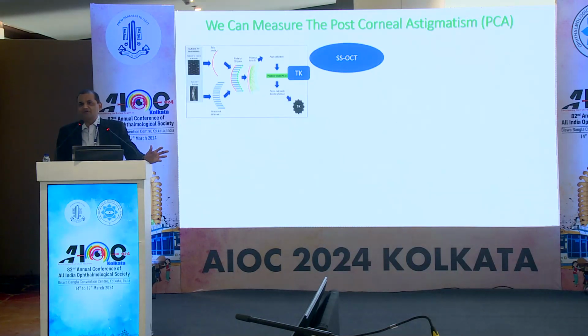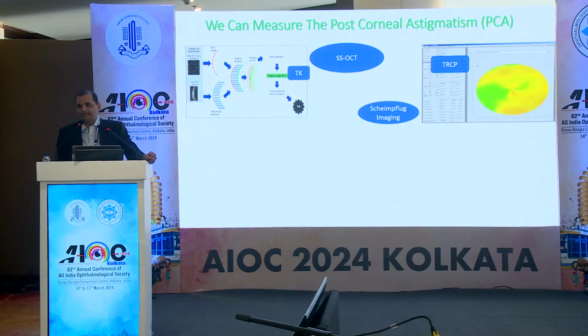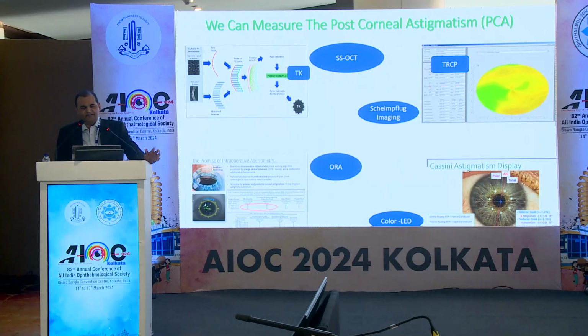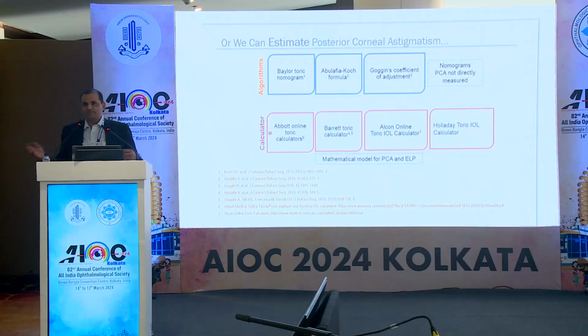Now so many machines are also available to measure the anterior cornea and the posterior cornea, like SS-OCT based or Pentacam based or intraoperative aberrometry like ORA or color LED patterns. All these machines give us a very good idea about the total corneal power. Now we have the estimation part, so many nomograms are available and so many measurements are available.